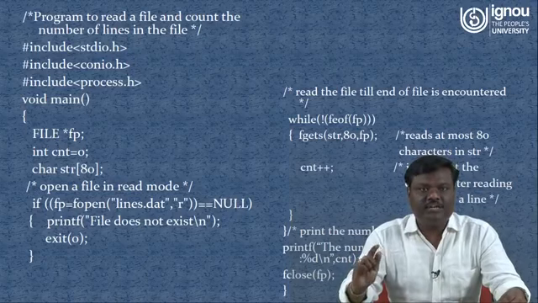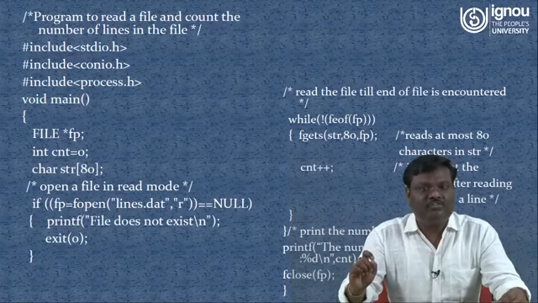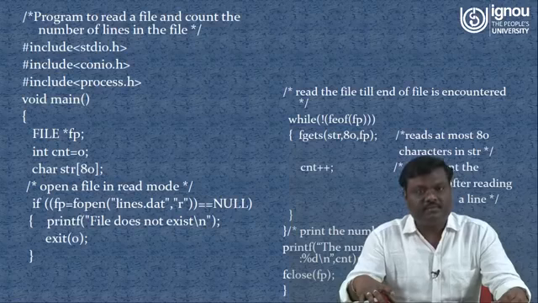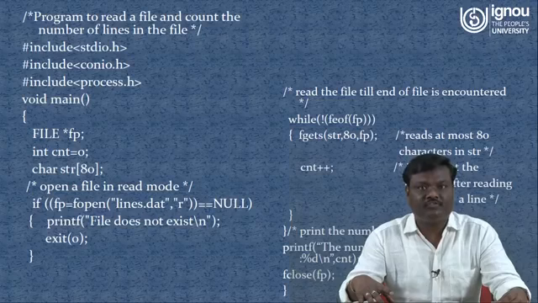And then for each line read, we increment the counter, and at last we are displaying the count of the number of lines. So this program is to read a file and count the number of lines in a file.